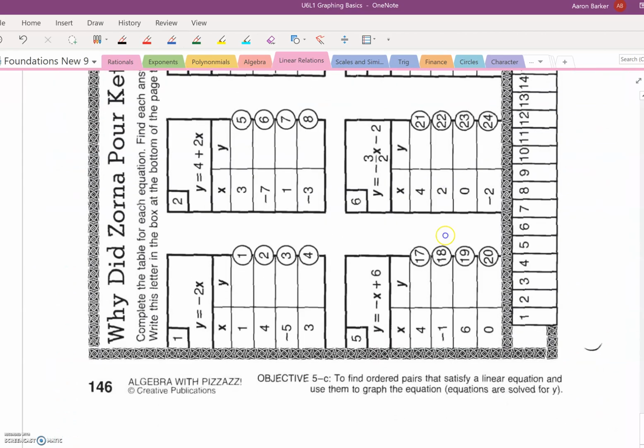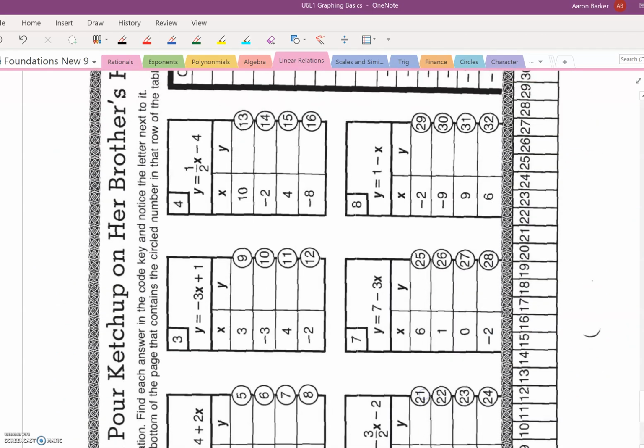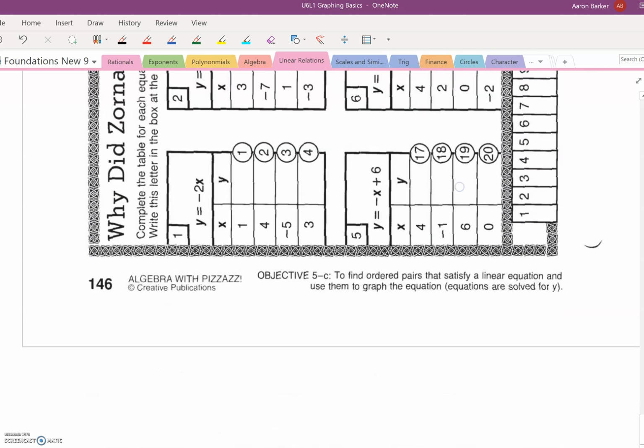Okay. So now you can do the next worksheet as well, but let me do one example with you. So here's the worksheet. Why did Zorna pour ketchup on her brother's hand? Let's do this one first. So this one here, you're not going to have a constant rate of change. So for each one, you're just going to practice finding your output values of y. So let's start here. X equals 1, so we get y equals -2x. Y equals -2 times 1.